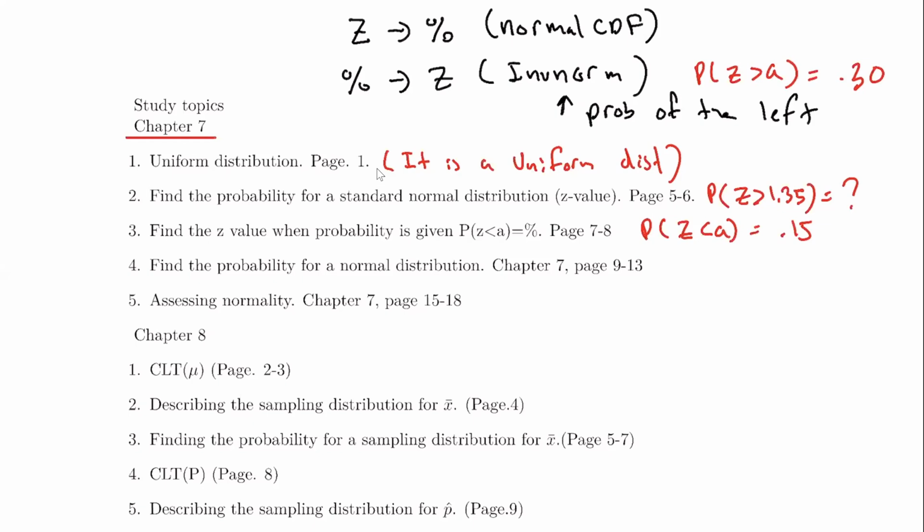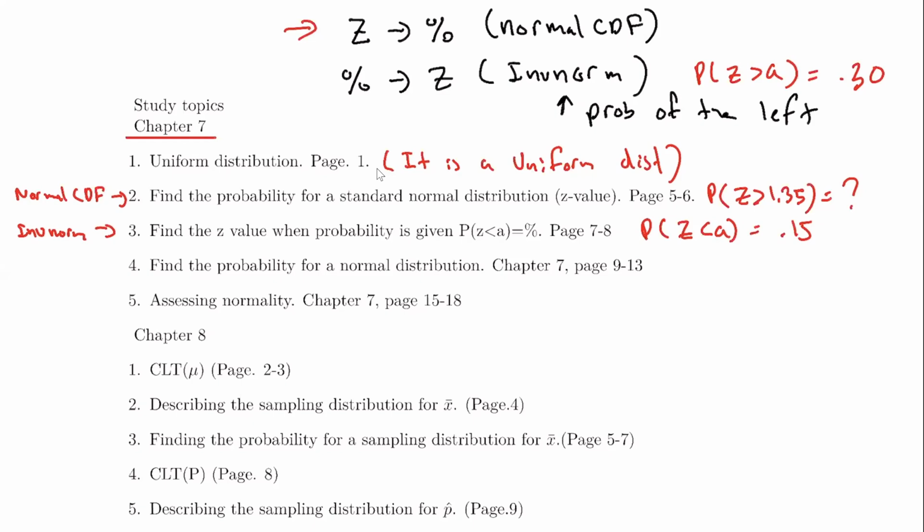So you understand that if you want to get a Z value and convert it to a percent, you use normal CDF. But if you want to get a percent and convert that to a Z value, you use inverse norm. Problems like these, inverse norm. Problems like these, normal CDF. No idea. Thank you. Yeah, you're welcome.